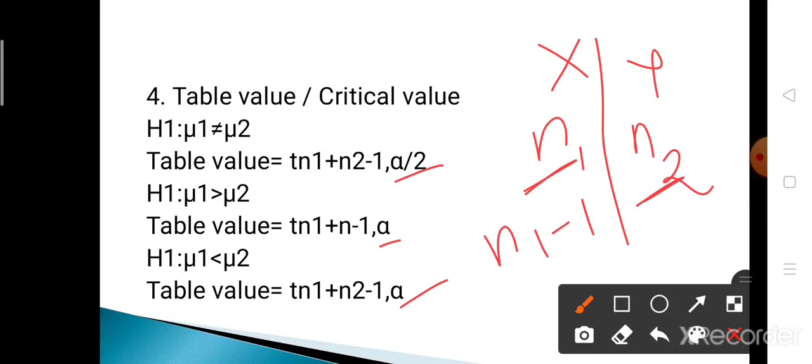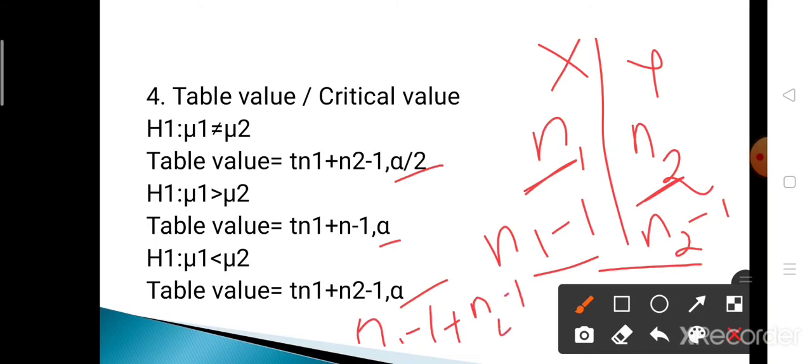And here the sample size is n2, so the degrees of freedom is n2 minus 1. Then the total degrees of freedom is n1 minus 1 plus n2 minus 1, that is, n1 plus n2 minus 2. Okay.